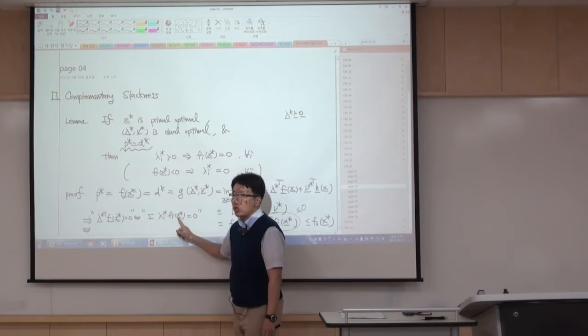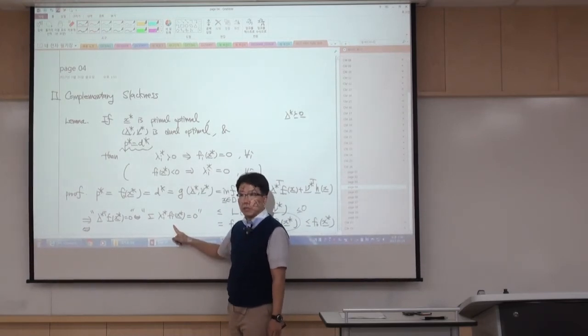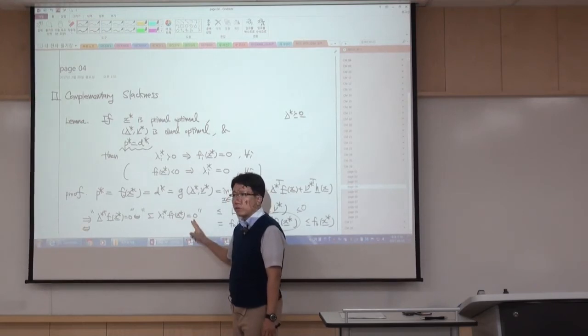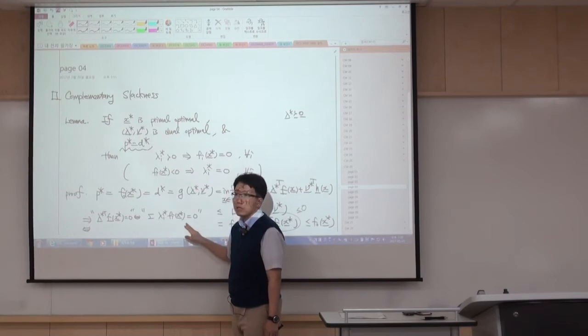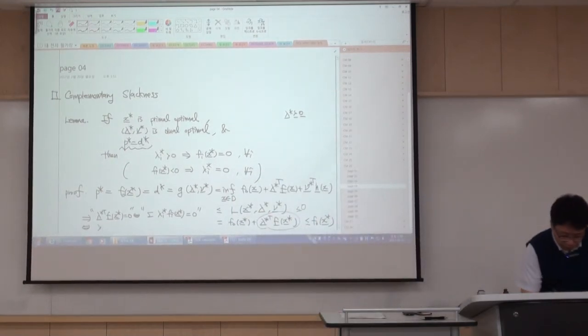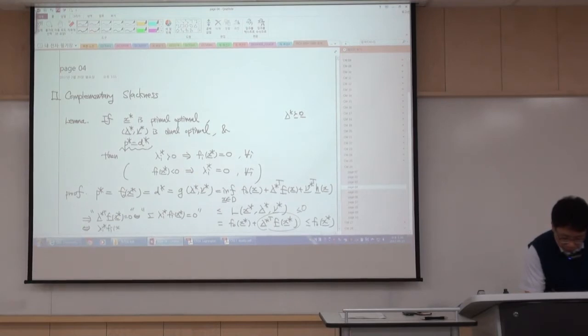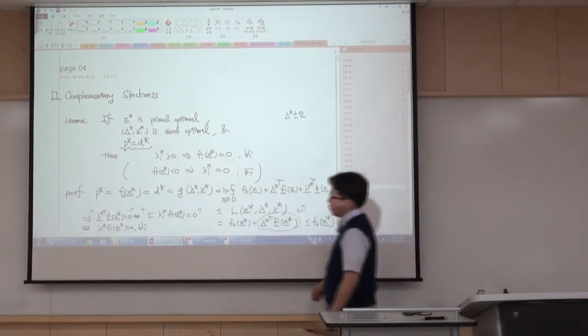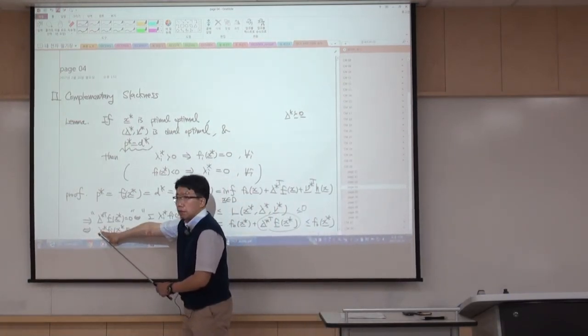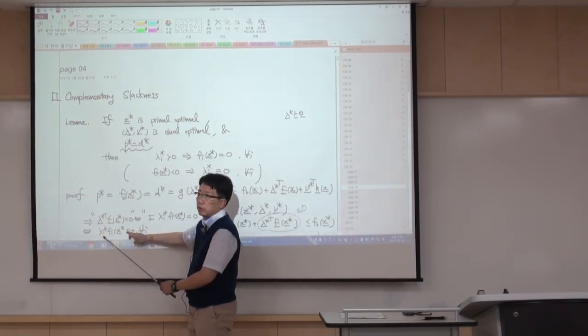So in this product, each term is less than or equal to 0. If you sum terms less than or equal to 0 and get 0, what is the necessary and sufficient condition? Each term is 0. So here, for all i, if lambda i is greater than 0, this must be 0. Am I right?